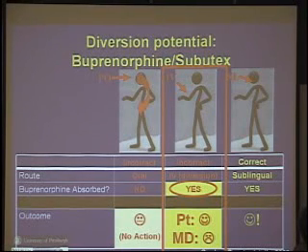If you take it sublingually on the right side, we'll do this middle slide first. If you happen to crush up that tablet and inject it, which is called diversion, and our patients like to inject things, buprenorphine is absorbed. It basically causes the same problem that you have with heroin, morphine, and all that stuff, in that you're injecting, causing medical harm, hepatitis, HIV, and all the associated problems.